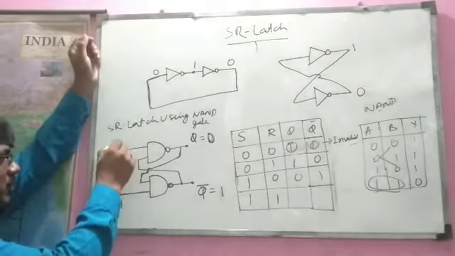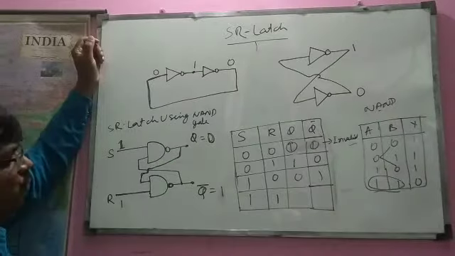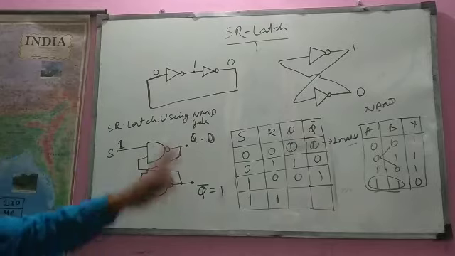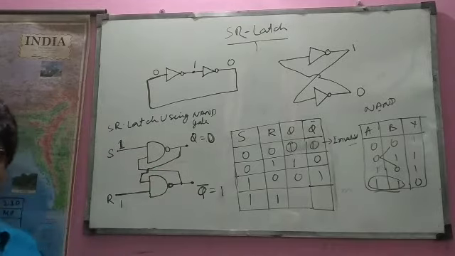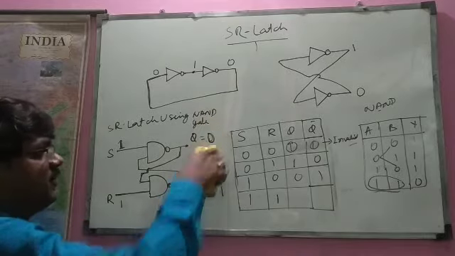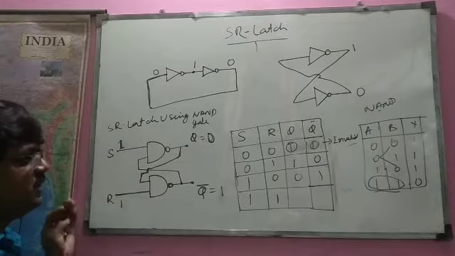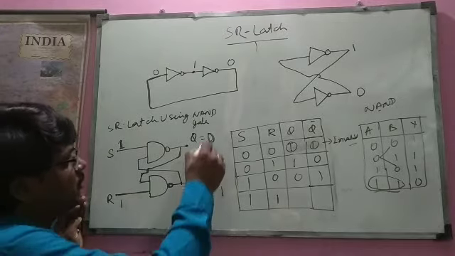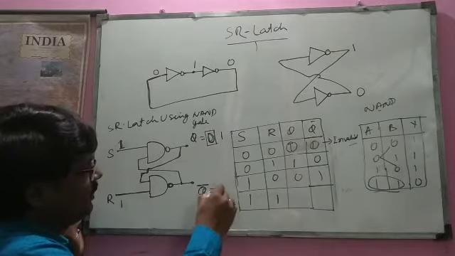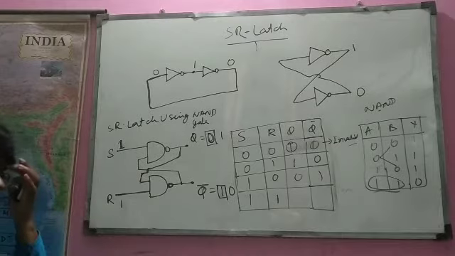The previous inputs were 0 1, so it is 0 1, and it has not changed. So we'll take another case. We'll try to reverse this output and see. Let us suppose in place of 0, now it is 1, and in place of 1, it is 0. This is the case.